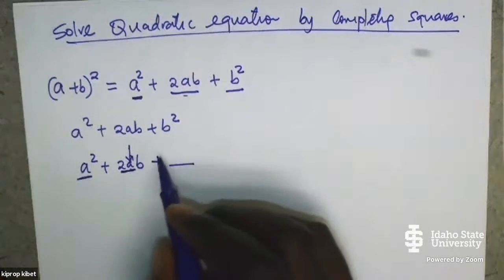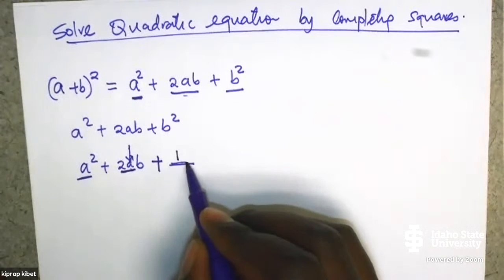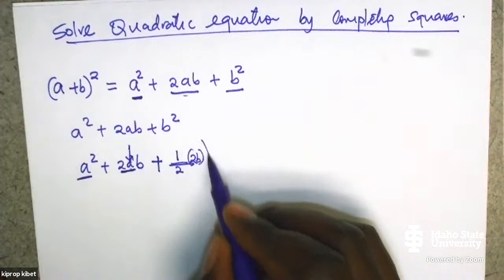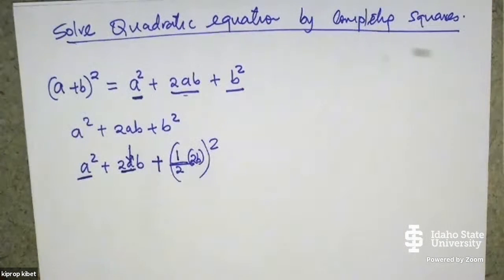It's the same as getting half of 2b, and then squaring that.